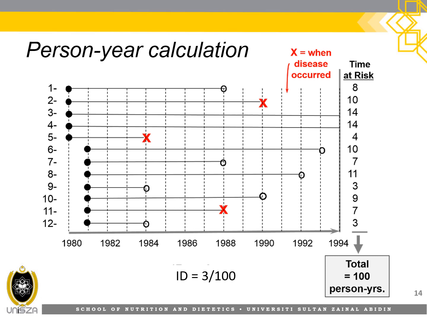As an example, patient number 2 got the disease in 1990, whereas patient number 11 got the disease in 1988. The black dot is the time of enrollment. Patients number 1 to 5 enrolled into this study in 1980, whereas patients number 6 to 12 enrolled in 1981.